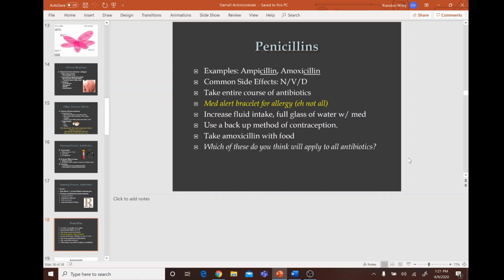Alright, give me some examples of penicillins. Ampicillin and amoxicillin. What are some nursing considerations we need to know about penicillin?